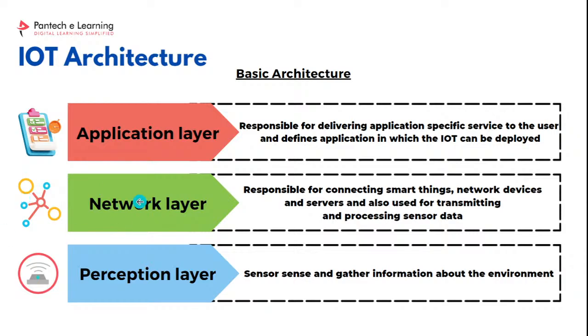The network layer takes up the responsibility of transferring this data from the sensors to the next layer, which is the application layer. Its main responsibility is the application itself. It delivers the information to the end user or the end platform.